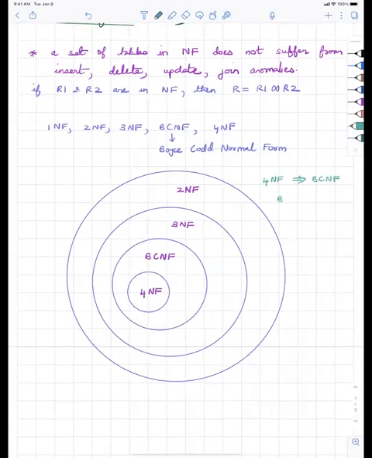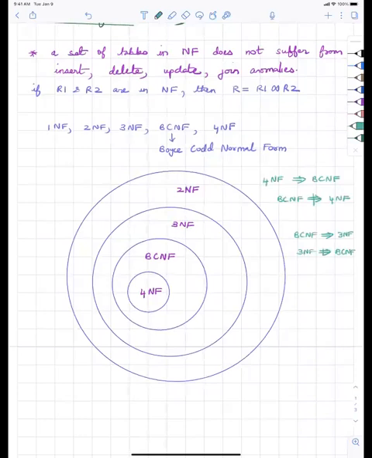But if something is in Boyce-Codd normal form, it does not imply that it's in 4th normal form. Similarly, if something is in Boyce-Codd normal form, it implies it's in 3rd normal form and 2nd normal form and so on. But 3rd normal form does not imply Boyce-Codd. So it's stronger as you go in.